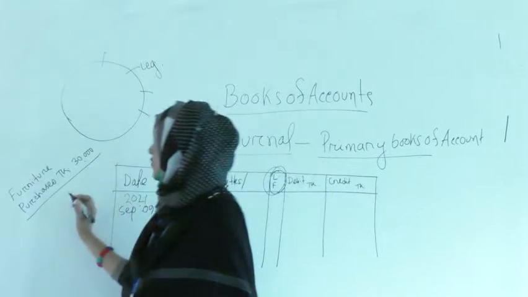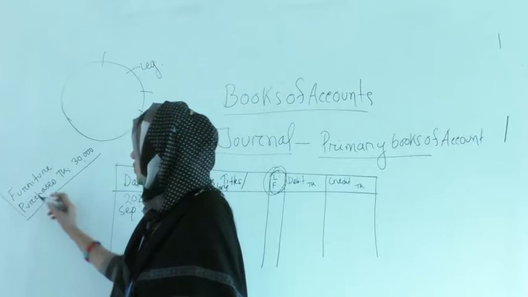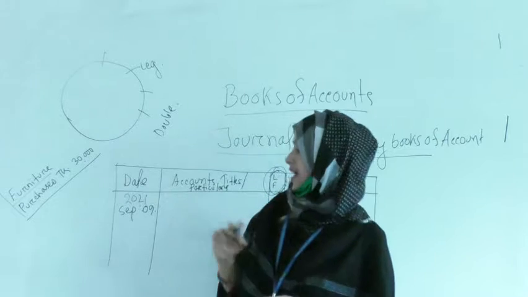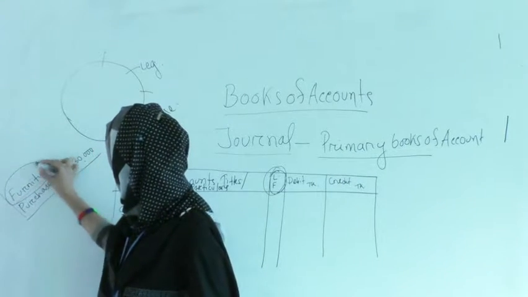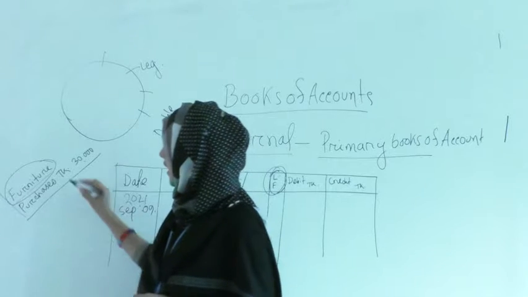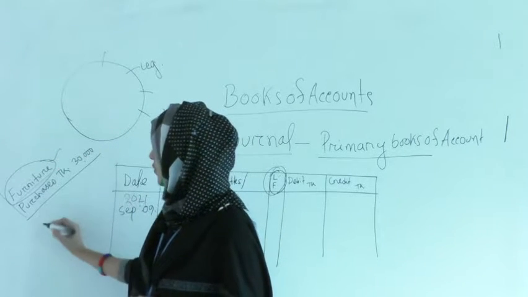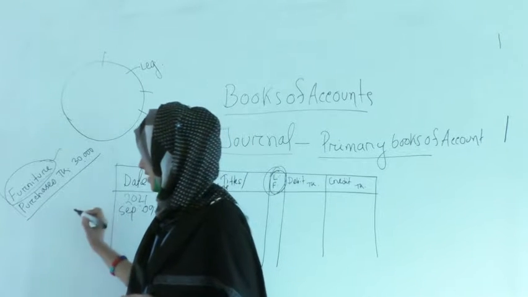At first you have to identify what the related parties are here. Furniture is our fixed asset, and we can write the name of the fixed asset as a party. And to buy this furniture, we have to pay cash. Cash is our another asset.